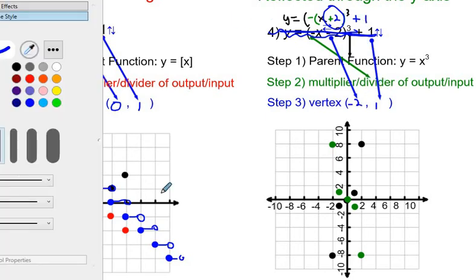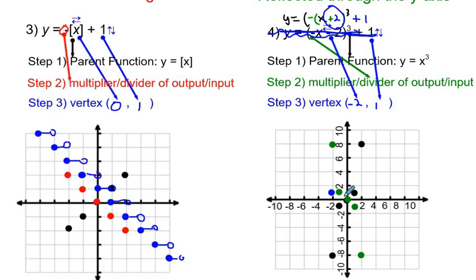So now I'm going to graph the vertex at negative 2, 1, and then I'm going to mimic this green graph. So I'm going to go this way and then up 1, didn't quite get it, and I'm going to go this way 2 and then up 8, so right there. And then here, looking at the green graph, I went back and down, and then here I went 2 and then down 8.